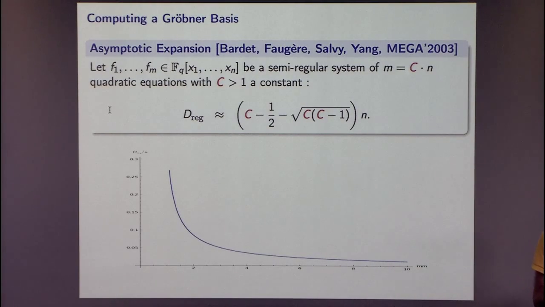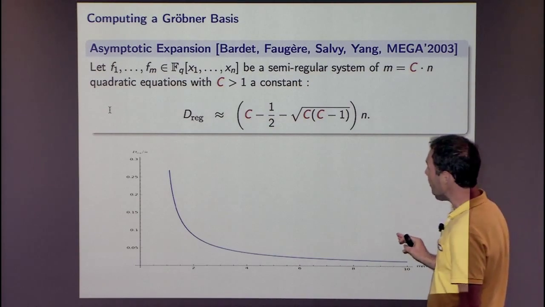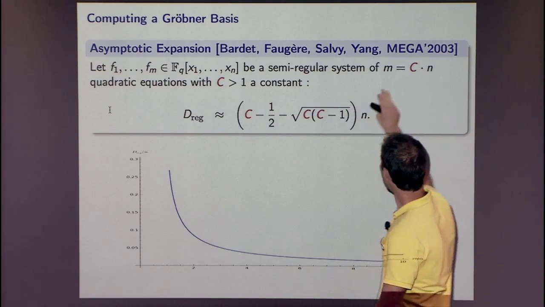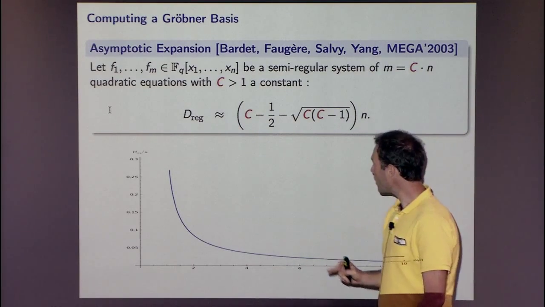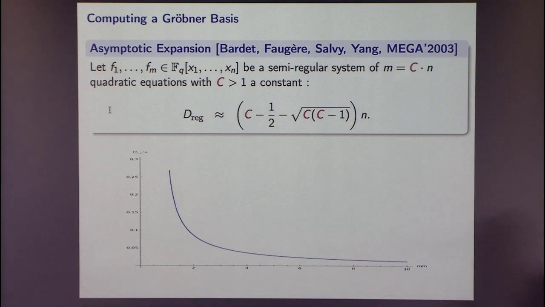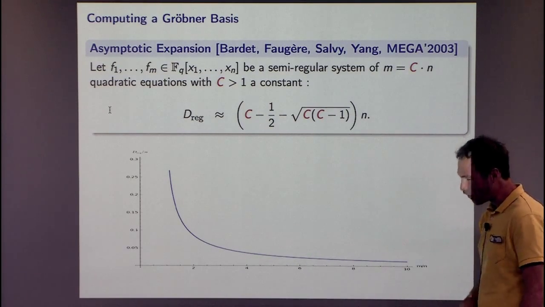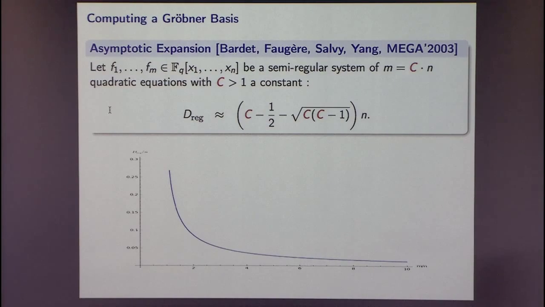And so for semi-regular sequences, we have a bunch of approximations on the degree of regularity. For instance, for this type of system, we know that the degree of regularity is a constant times n. And so you can see here that as a function of the ratio, this constant decreases. So this is one example of behavior for the degree of regularity.